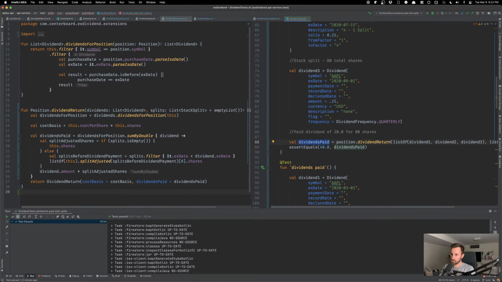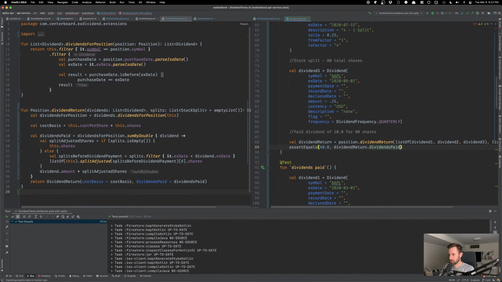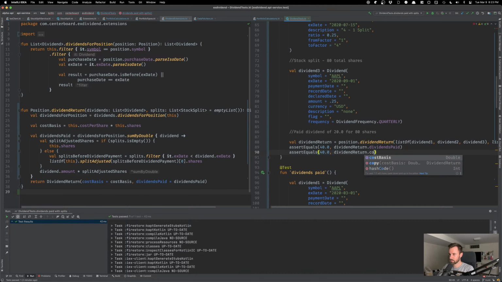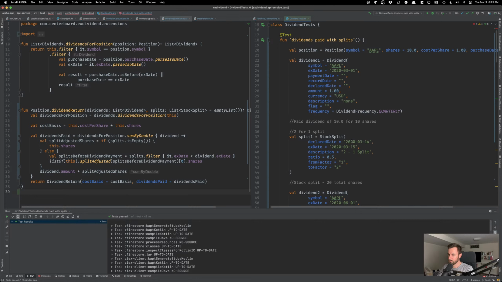This is going to be the return. Dividend return dot dividends paid, and the cost basis is going to be, ooh, this is going to be a fun one.